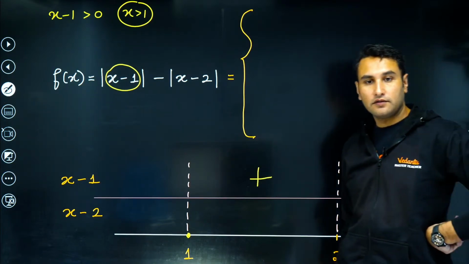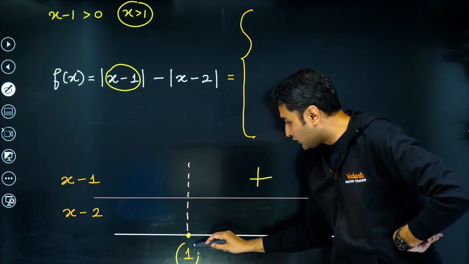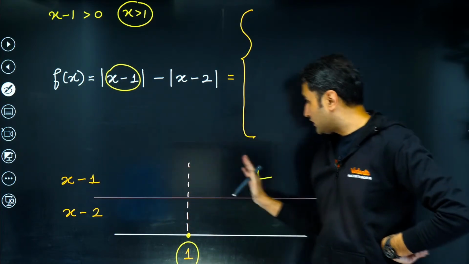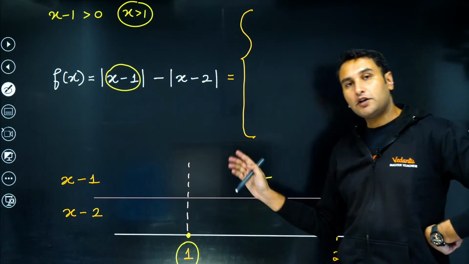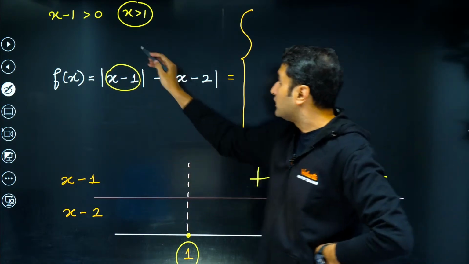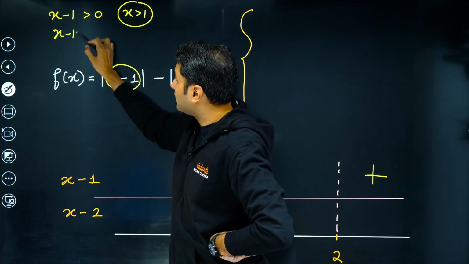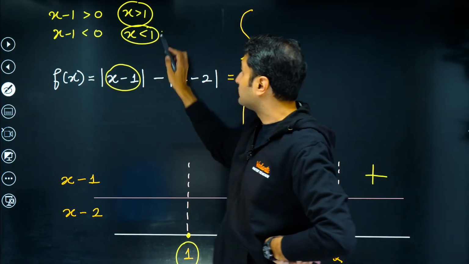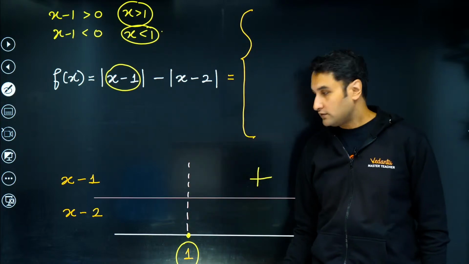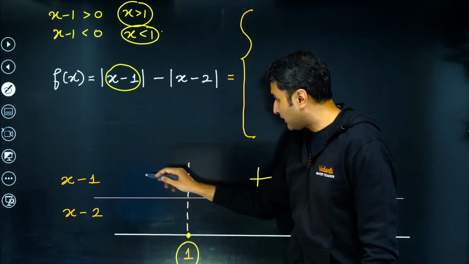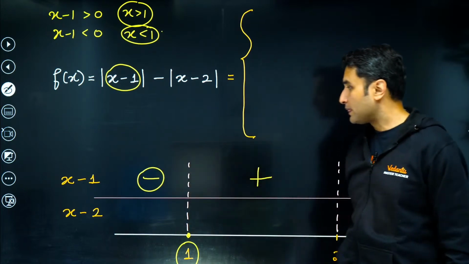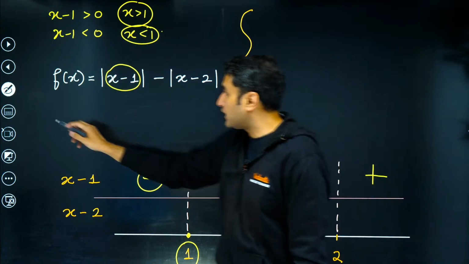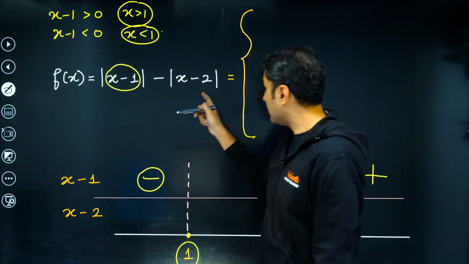Do you agree with me? But towards the left hand side of 1, x minus 1 is negative when x is less than 1. When x is less than 1, x minus 1 is negative. Agree with me?